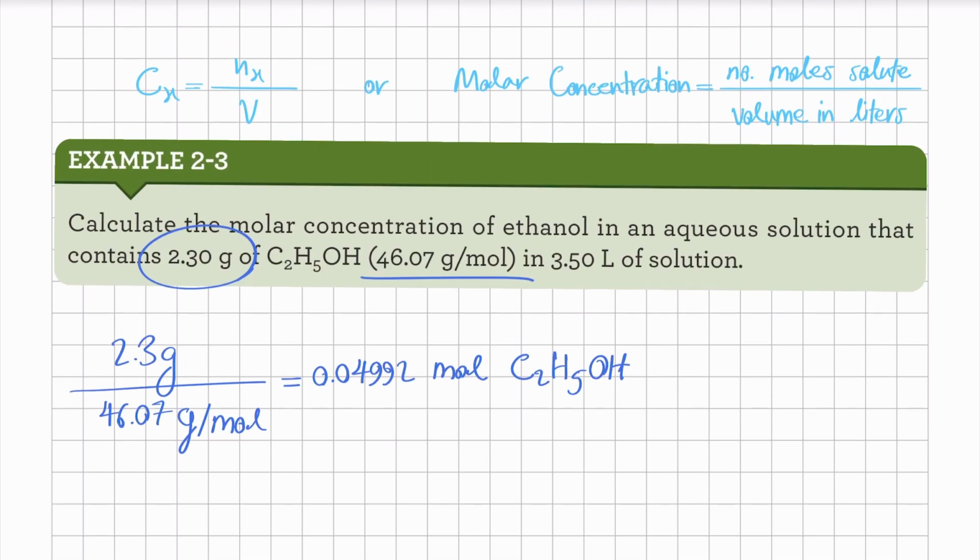Okay, now we have Nx, and also we have V, which is 3.5 liters.